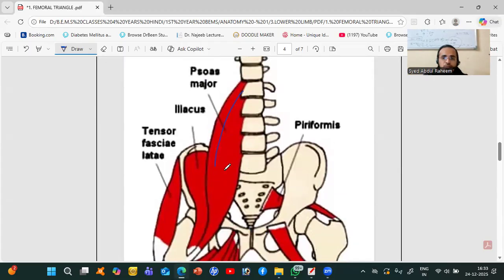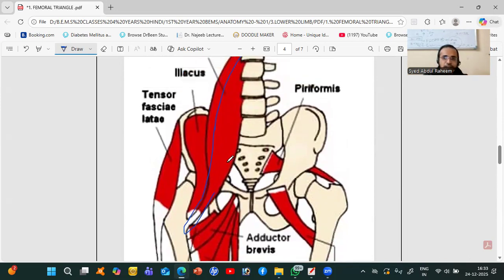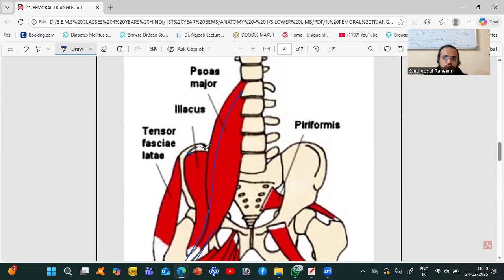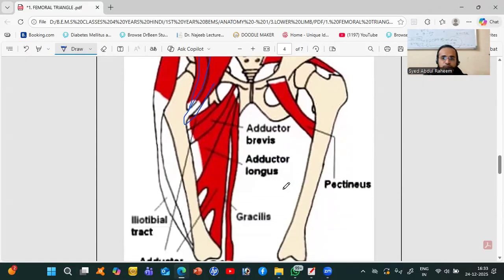So we can see the muscles. Psoas major is coming from lumbar to the lesser trochanter. Next, iliacus is coming from the ilium to the lesser trochanter. Next, pectineus muscle.